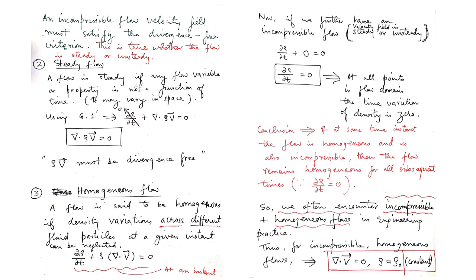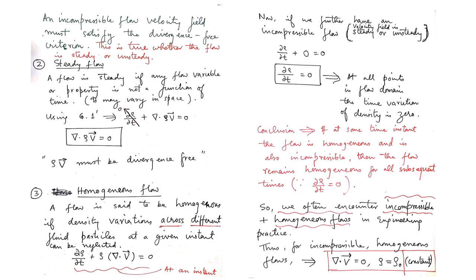So such a flow, when you deal with any kind of flow in the laboratory, when you carry out physical experiments dealing with water and all, you will normally assume a homogeneous flow there. Okay, and not just at one instant but at all times, because normally the variation in water particle densities across different particles would be very, very small.